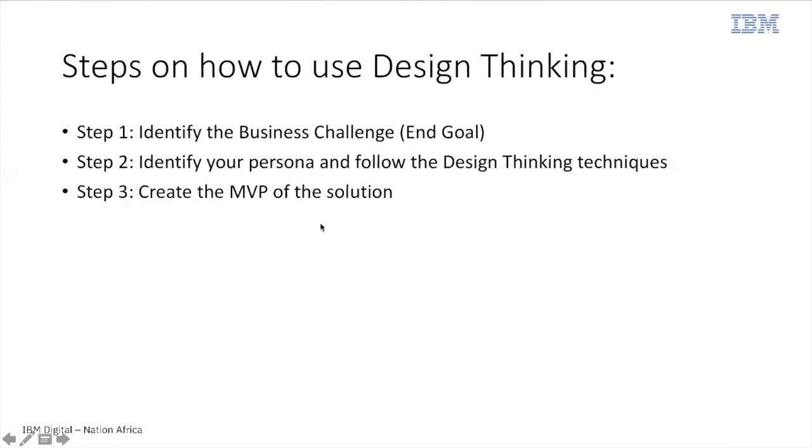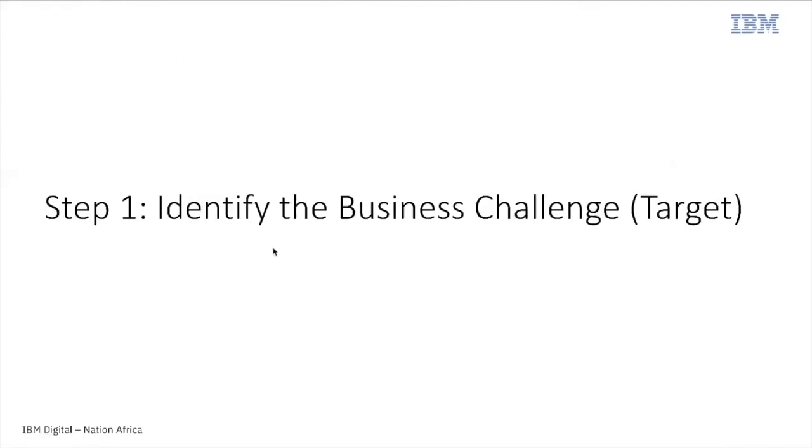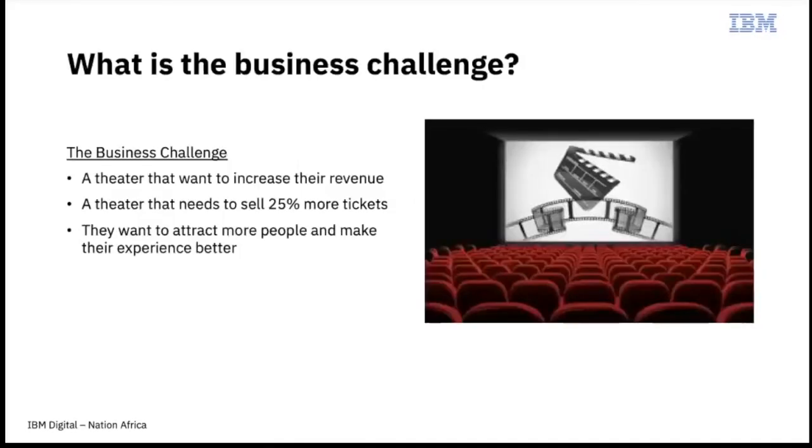So let's start with our business challenge for today. What is our business challenge and how can we overcome this challenge with focusing on our end users' needs and wants? Our business challenge for today is a theater, which is in other words the cinema or the movie place where we watch movies.